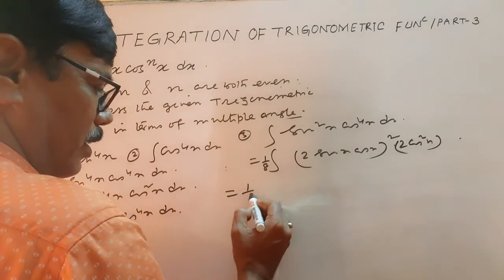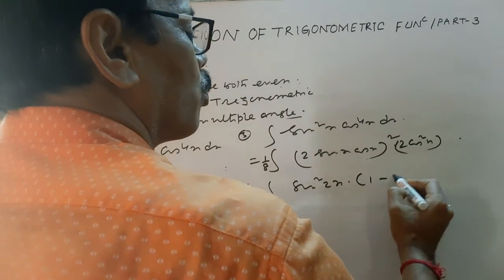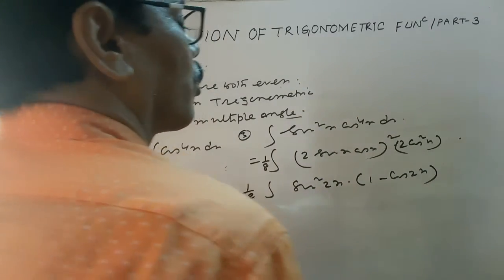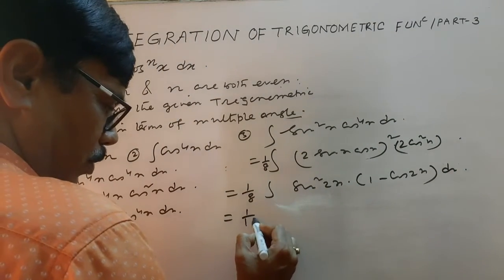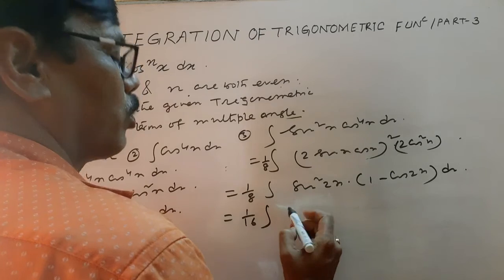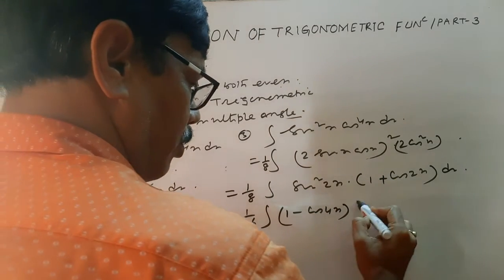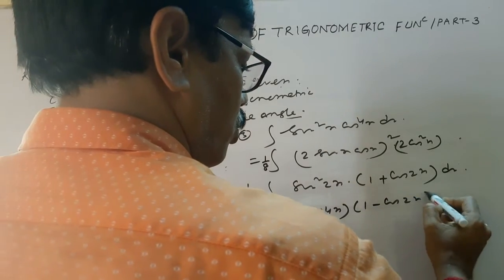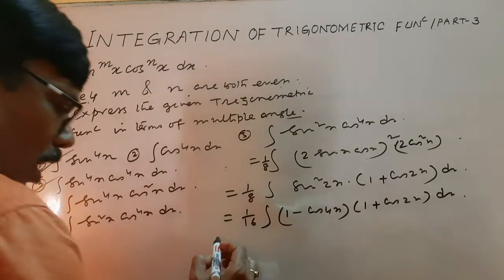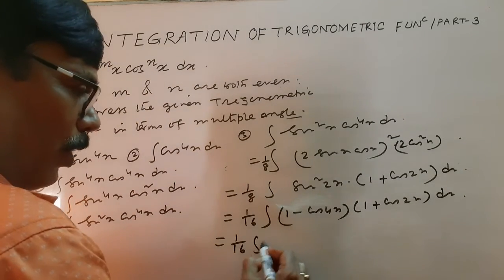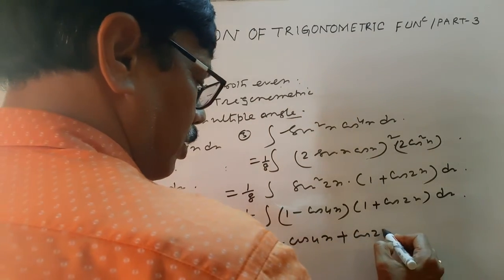Now 1 by 8, this is sin square 2x, this is 1 plus cos 2x dx. Now this is 1 by 16, 2 sin square 2x, so 1 minus cos 4x, and this plus 1 plus cos 2x dx. Now multiply it. 1 minus cos 4x plus cos 2x.